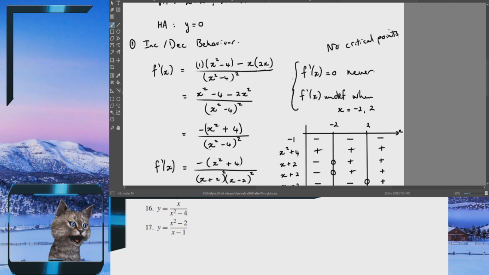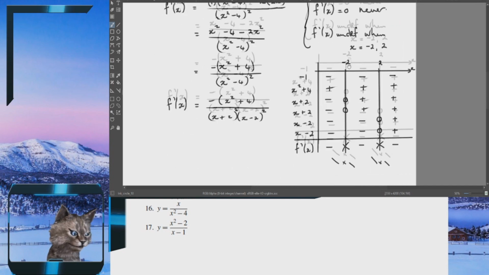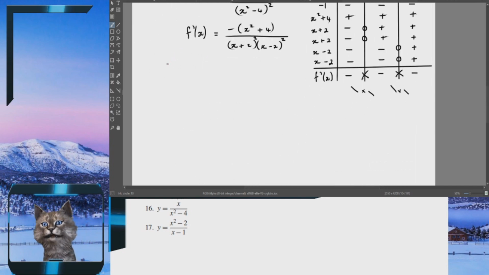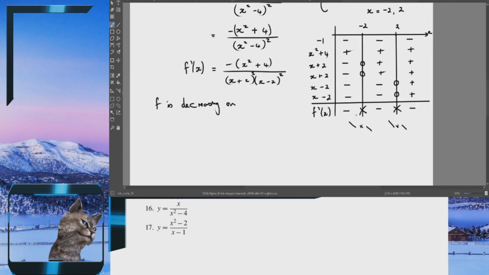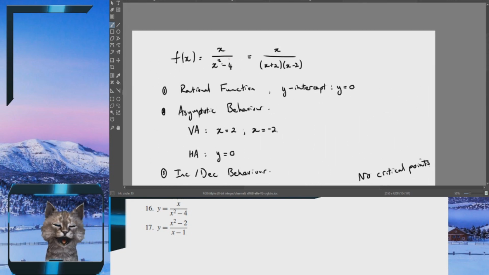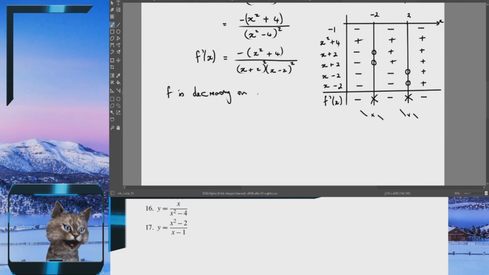They are potentially critical because they come out of these 2 checks, but they're not points to be called critical points. I can, however, sum it up by saying f is all decreasing in this case. On the intervals, I have to break it up at negative 2 and 2 because it's not in the domain of the function. It's not defined there, so I can't include them.